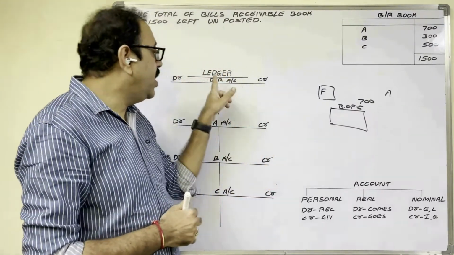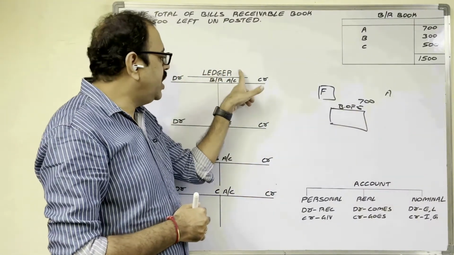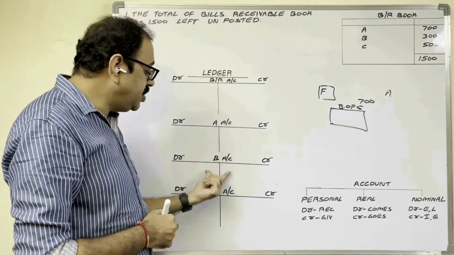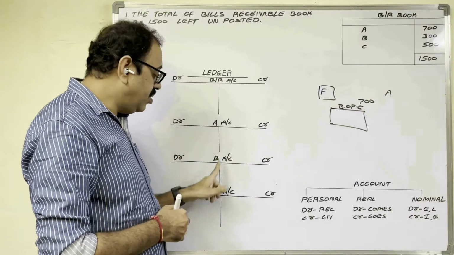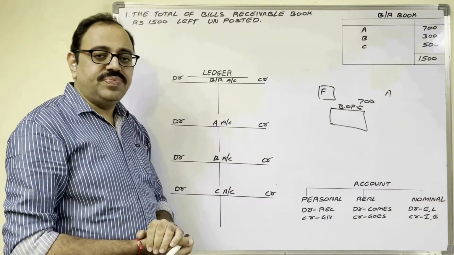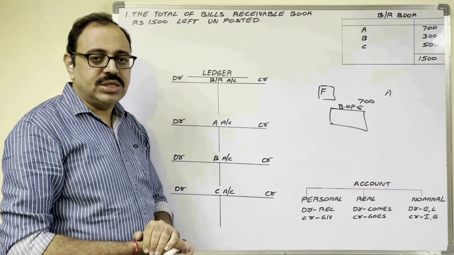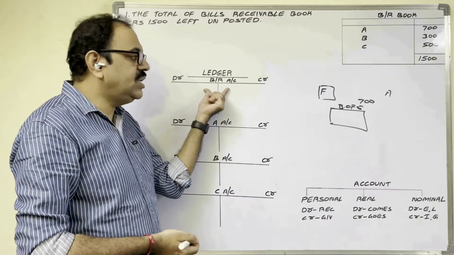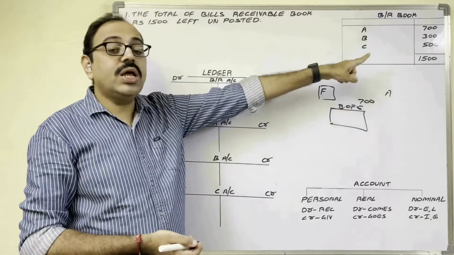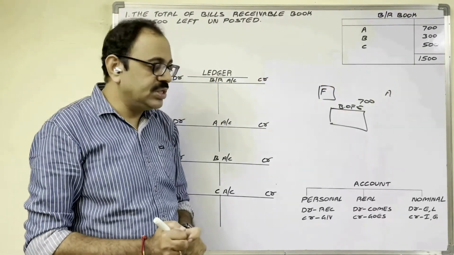Posting is done in ledger accounts. So in the ledger, the firm prepares the bills receivable account and individual accounts A, B, C. Bills receivable is an asset, and an asset shows a debit balance. Therefore, in the bills receivable account, on the debit side, the firm posts the total amount 1500 rupees.